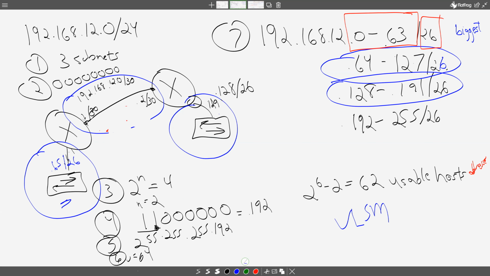Also, there are different ways of doing this, as far as pulling out different networks. If somebody had come out here and subnetted this one all the way down to /30 and used one of those for this link, that would have been fine. It would have worked. Now, I will tell you this.